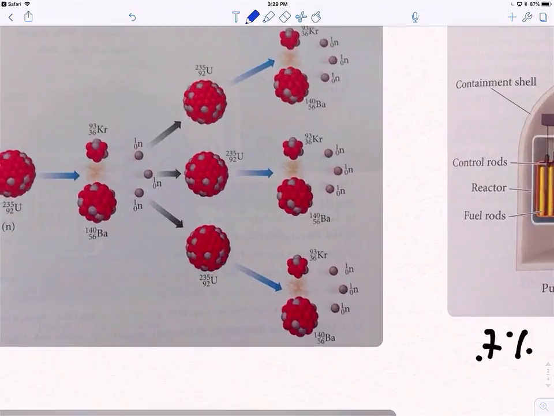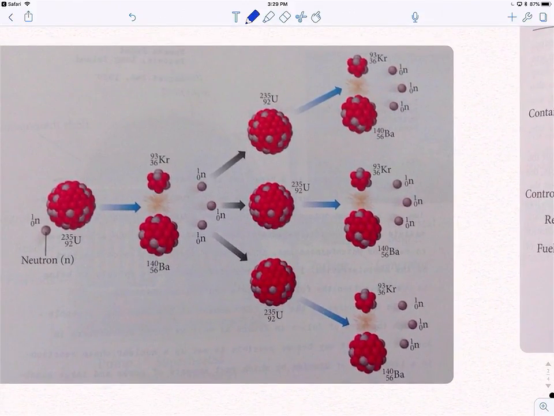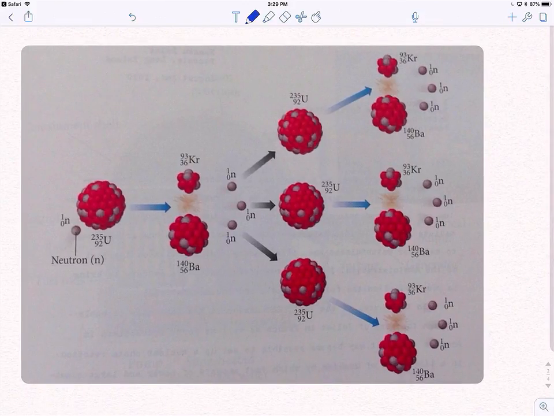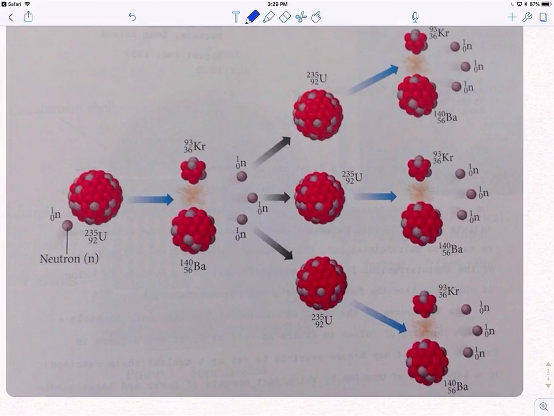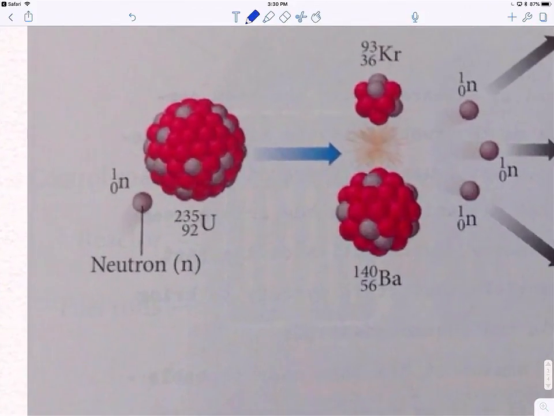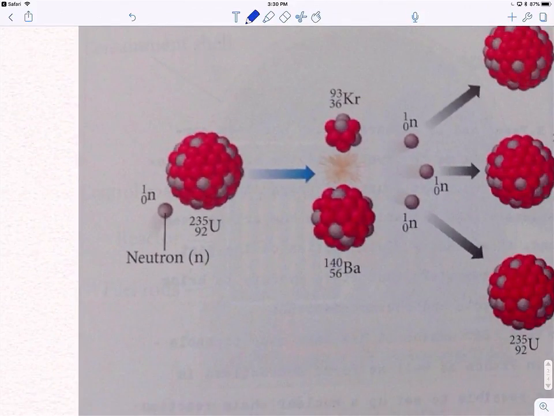So let's then talk about nuclear fission. We've gotten this down pretty well. A couple things to note, if you can see this. Here's the nuclear fuel that we have: uranium-235.